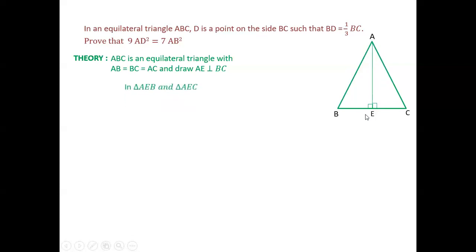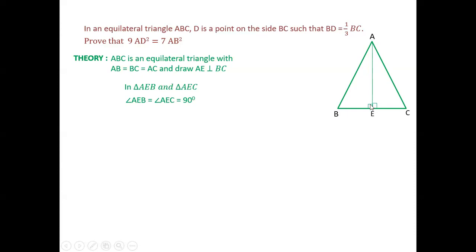First we need to prove that it is really the midpoint. So we take these two triangles, triangle AEB and triangle AEC. In these two triangles, angle AEB is 90 degrees and AEC is also 90 degrees, by construction, because we have drawn them perpendicular.